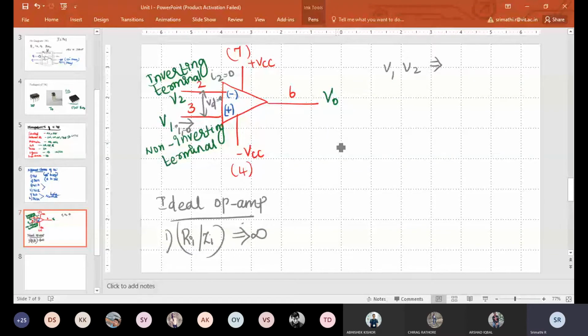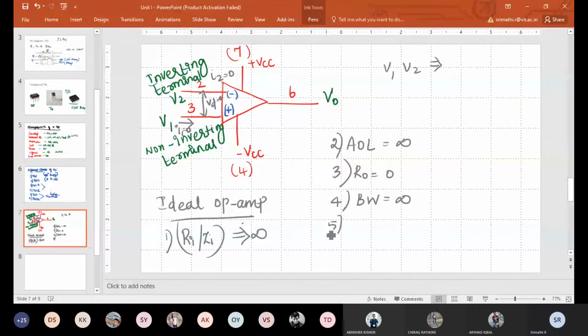Number 2 is the open loop voltage gain of the op-amp, let me represent it as AOL, that is infinite. Number 3 is output impedance is 0. And number 4 is the bandwidth of the op-amp is infinity. Fifth one, what I need to tell you is, you have a 0 offset.